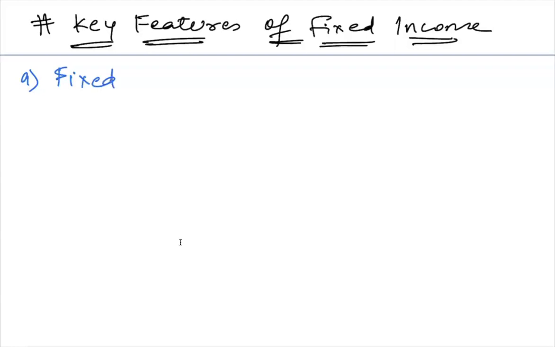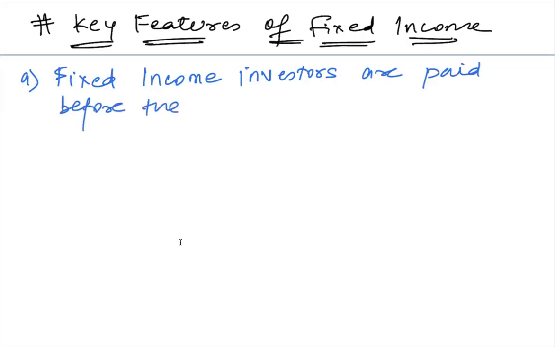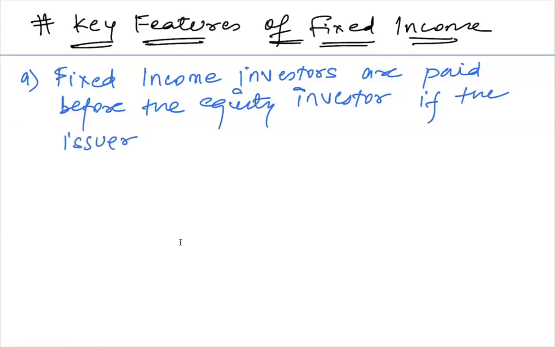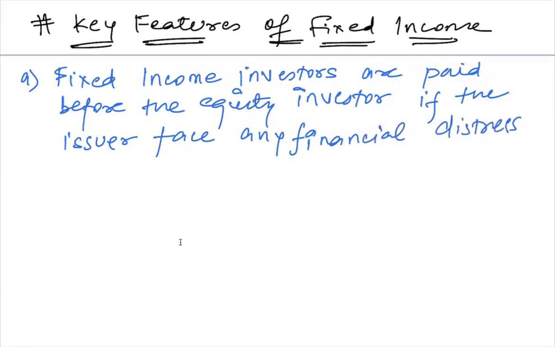So this is very important for all of you to understand, that fixed income investors are paid before the equity investors, if the issuer faces any financial distress. And that's why fixed income becomes a very safe investment. Okay.